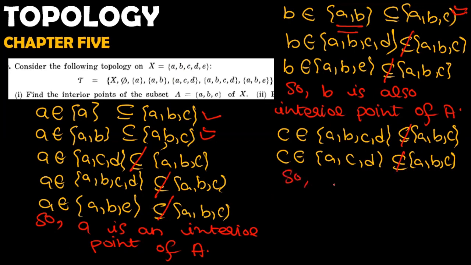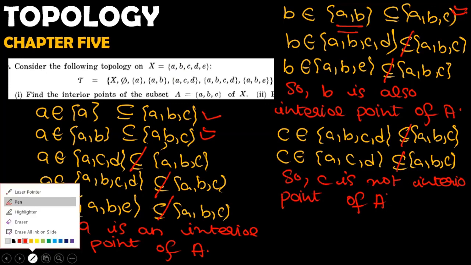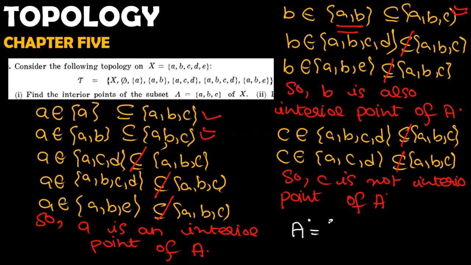So C is not an interior point of A. The set of interior points of A are A and B.